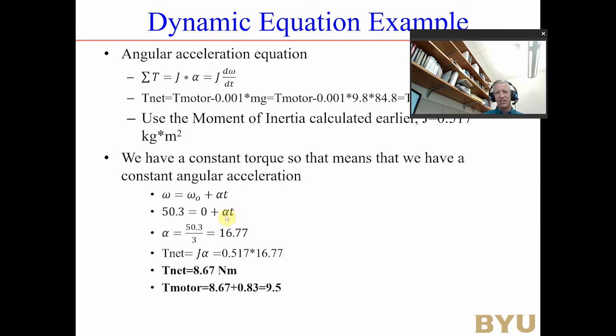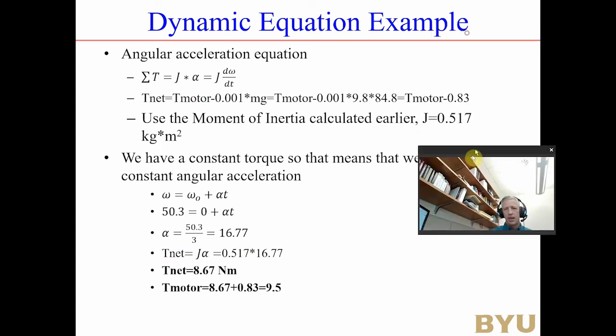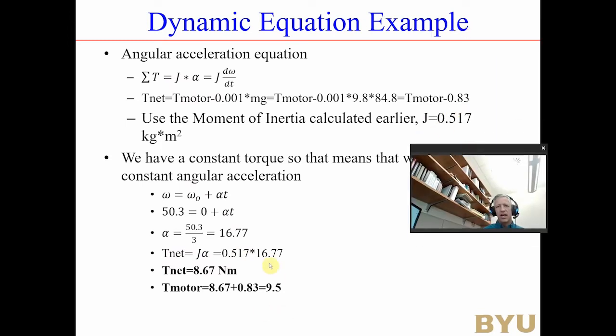And remember, my acceleration is constant because I'm using a current limited DC motor. So my net torque is equal to J times alpha. I take my J from here and my acceleration from here and plug them together. So I get a net torque of 8.67 Newton meters.